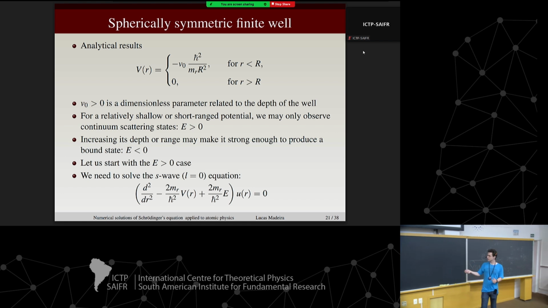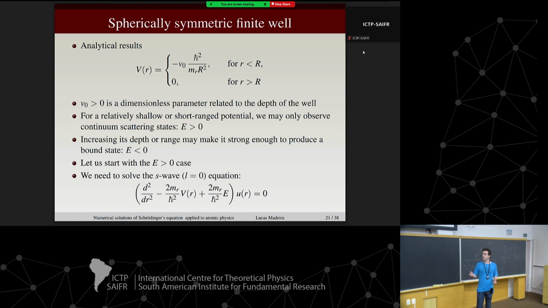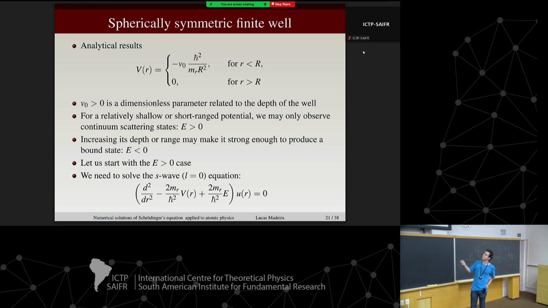I could write it just like I did on the board here, but I want to write it a little bit differently because I want to put a dimensionless parameter in front of my value here. And we saw in the first lecture that h bar squared divided by m R squared has units of energy. So this means that this V0 that I define is dimensionless, okay?